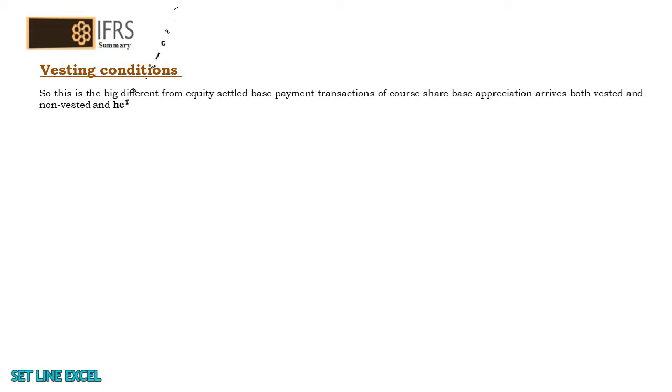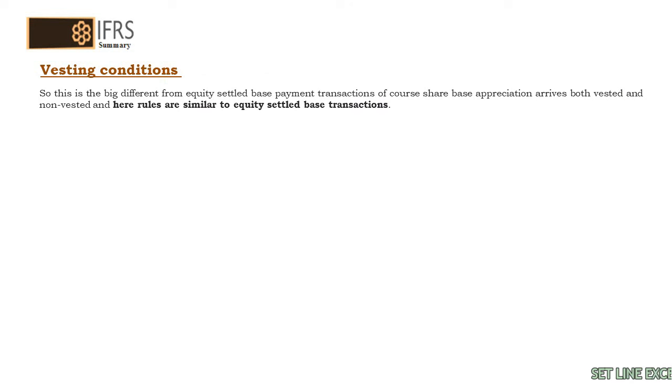Vesting conditions under cash-settled share-based payment transactions. This is not a big difference from equity-settled share-based payment transactions. Of course, share appreciation rights can be both vested and non-vested, and here the rules are similar to equity-settled transactions.